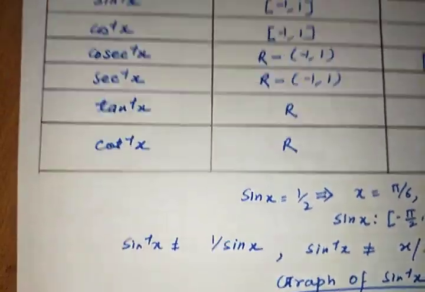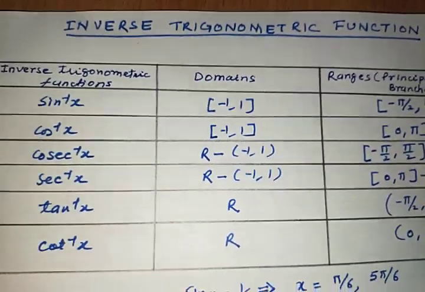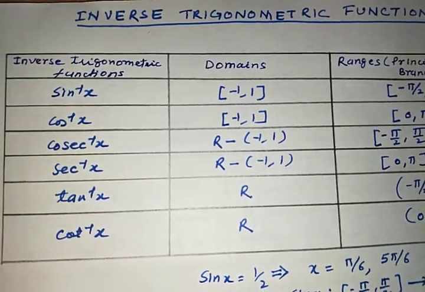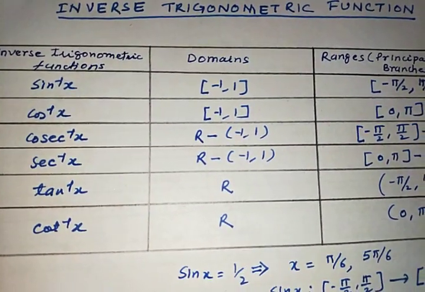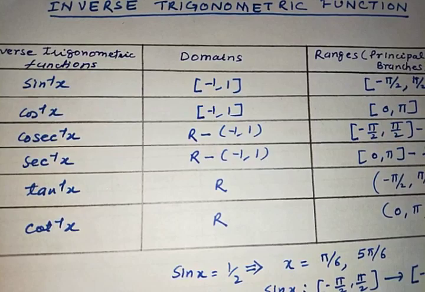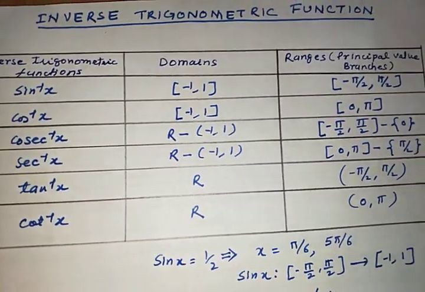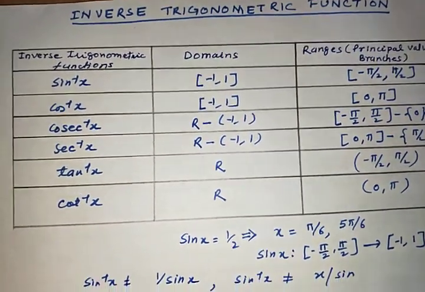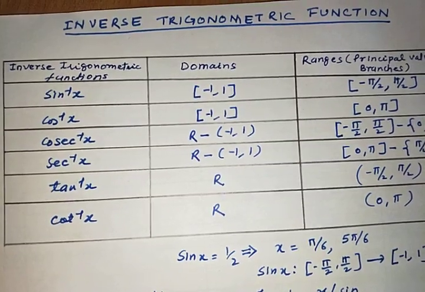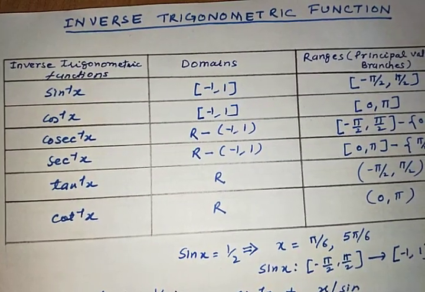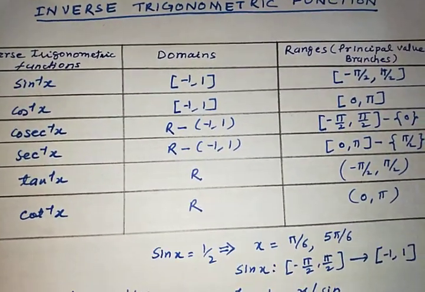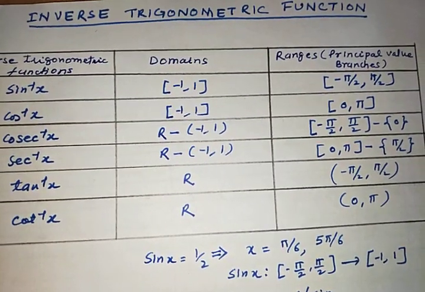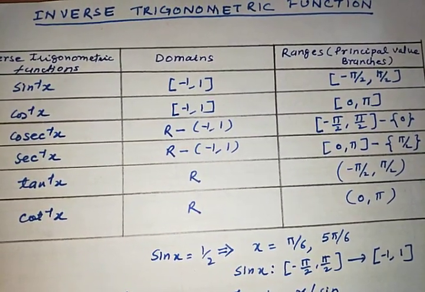Now children, after restricting their domains and their ranges, we found 6 inverse trigonometric functions. Sin inverse x has domain minus 1 to 1, and its range is also called principal value branch.